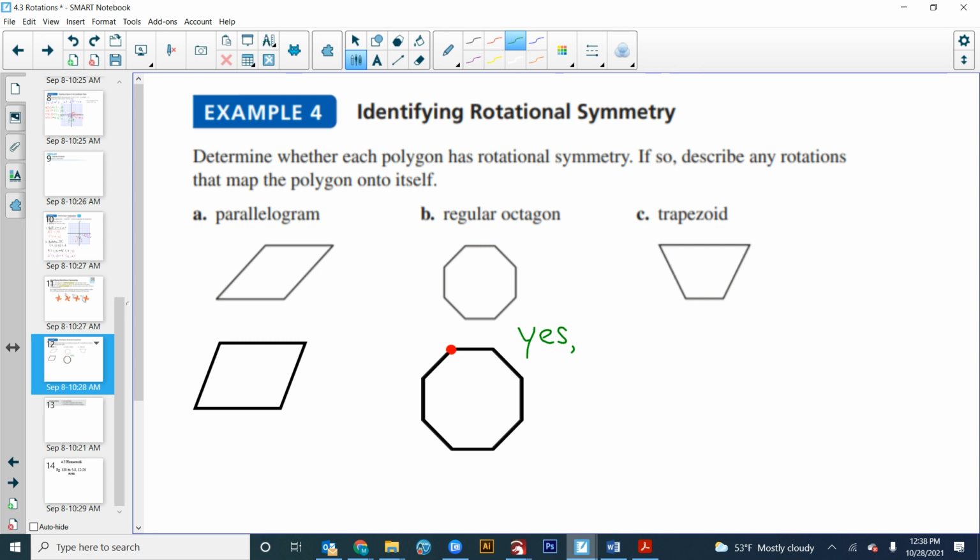What's 360 divided by 2? 180. Divided by 2 again, 90. So that's divided by 4. And then divided by 2 again. So we divide by 8 because we divided by 2 several times. 45. 45 degrees. That was confusing? You guys need to work on mental math.